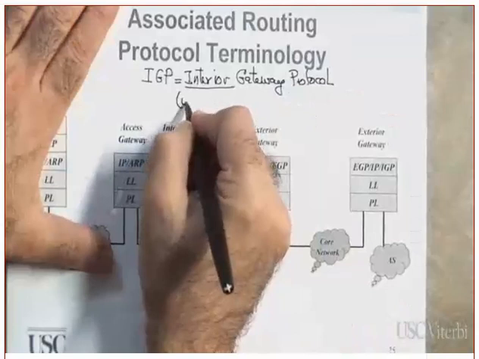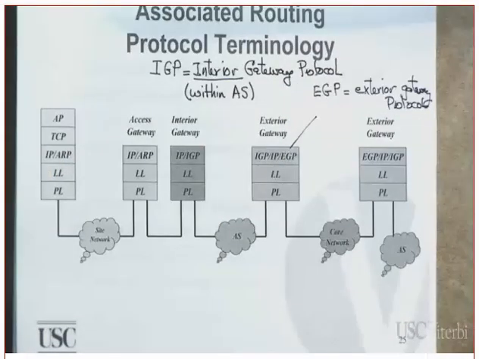In other words, this one needs information on how to reach these interior routers. An interior router has to maintain sufficient information to forward packets destined to the autonomous system to which it is attached.